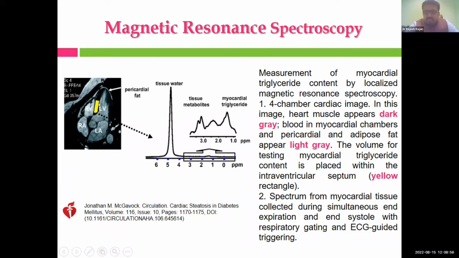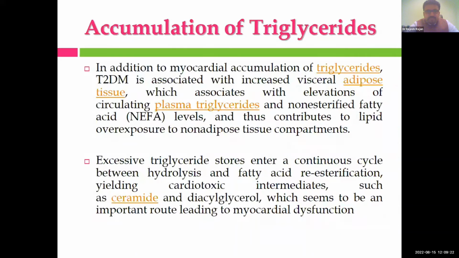And this is where the volume for testing myocardial triglyceride content is placed, and you can see in this graph the tissue metabolites and the myocardial triglycerides. So this is one method by which we can diagnose cardiac steatosis, or so-called diabetic cardiomyopathy, or increased triglyceride content in the heart muscles.